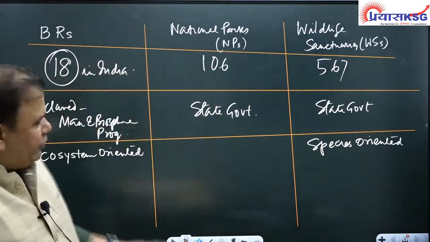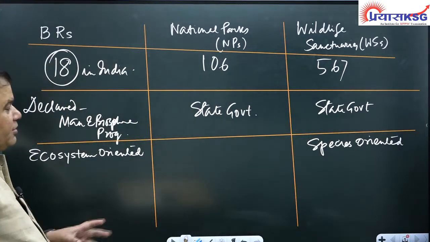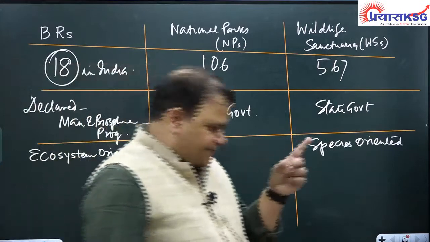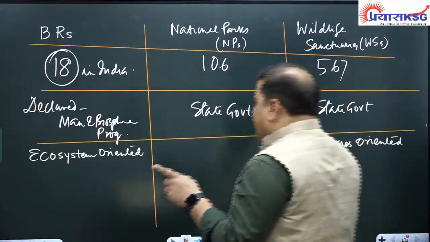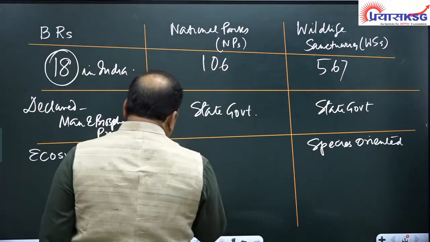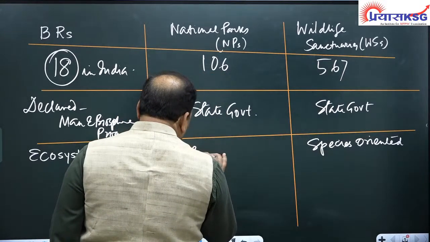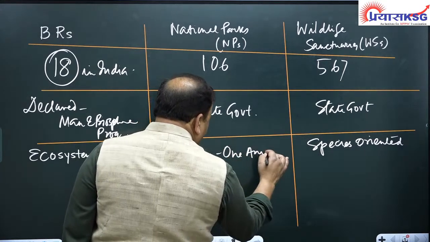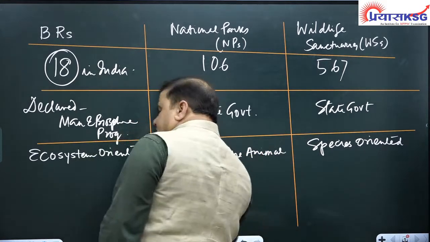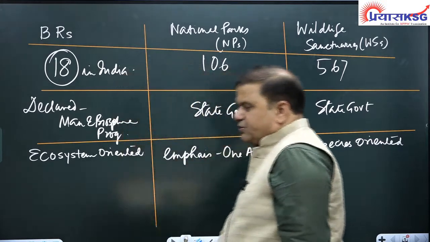देखिए, लेकिन देखो नेशनल पार्क में हर हमेशा थ्रस्ट एक एनिमल पे दिया जाता है, एम्फेसिस एक एनिमल पे दिया जाता है. So in case of national park, we will say that emphasis is on one animal.